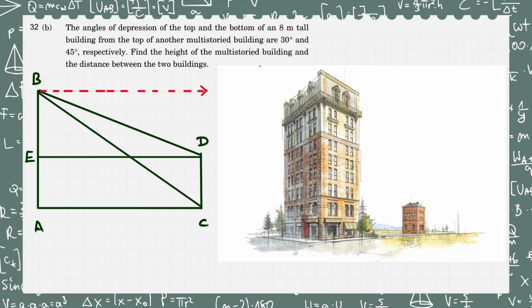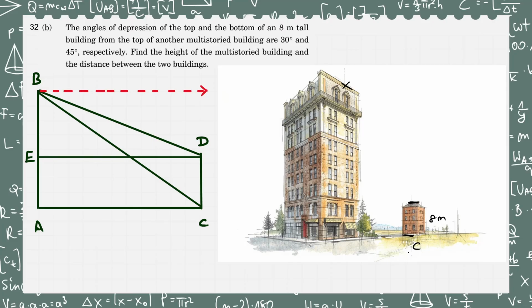See, there is a building which is 8-meter tall. So this is our 8-meter tall building, and the other one is a very huge tall building, a multi-storied one, and the observer is standing right here on the terrace of the multi-storied building, looking at the top of this small building as well as the foot of the small building at the same time.